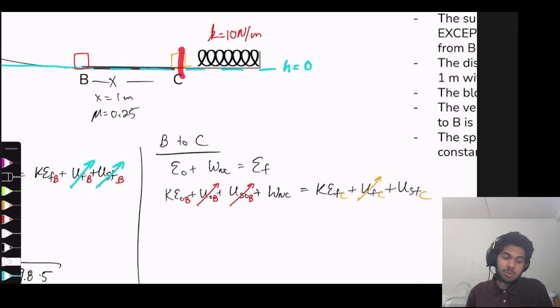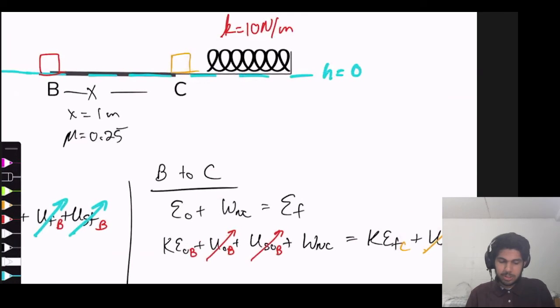We're just reaching C, right? This is the point right after we get off of this friction part, and we haven't yet encountered the spring. The picture is pretty bad, but the spring should reach this friction part right here, and we're just considering the moment it leaves this, and the moment right before it hits the spring.